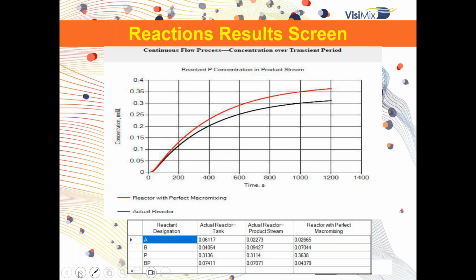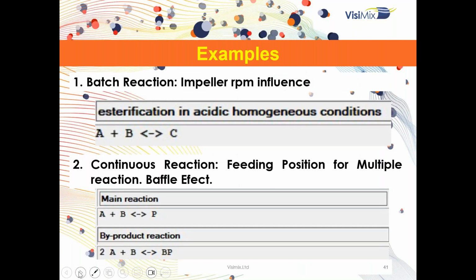And what I will show you now, I will open the software and show you. The first example is when we feed the batch reaction and we change the impeller velocity and the solvent. The second is when we have more than one reaction, and what will happen when we have multiple reactions and different feed positions.